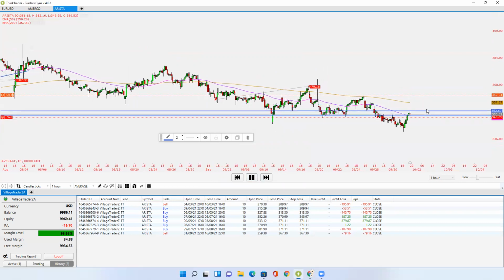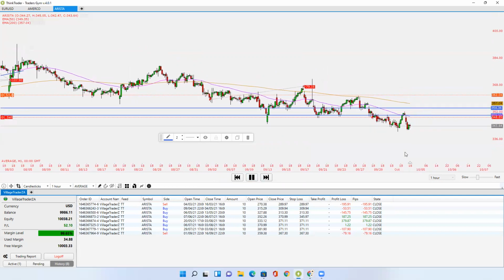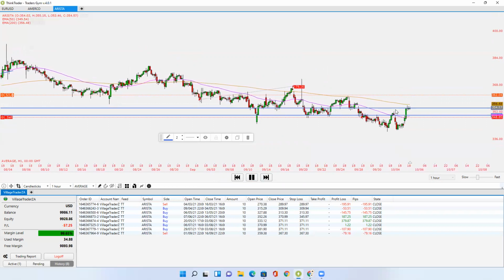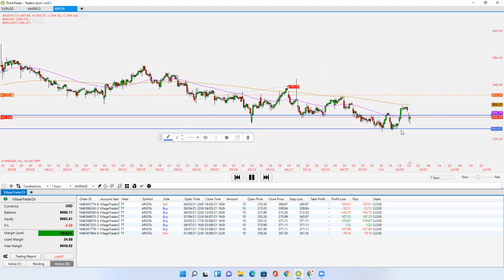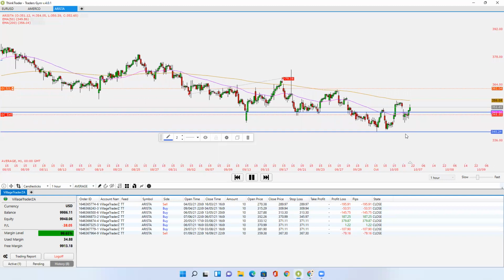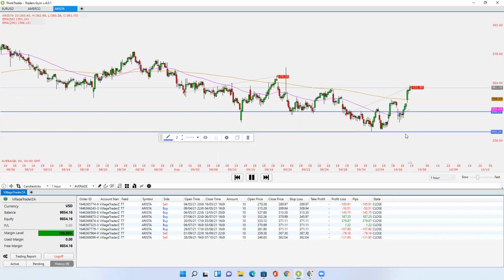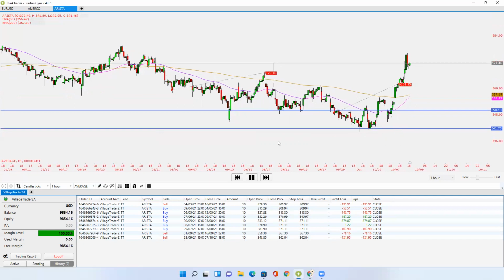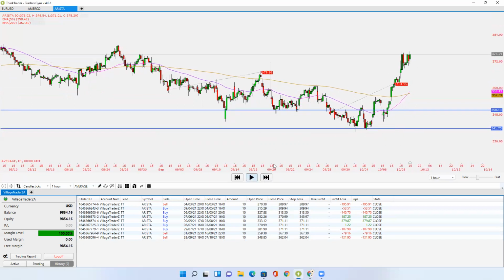Okay, looking nice and dandy. Remember that I think it was 341 level we're waiting for. Looks like the market respected it when it came to OTC. Oh, okay. Held its support strongly.